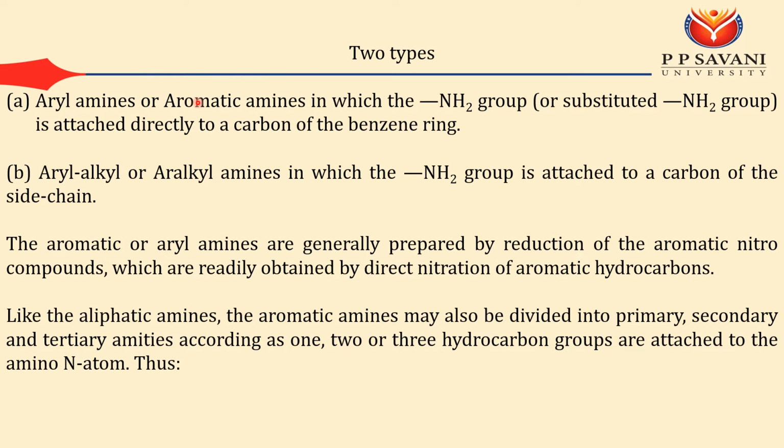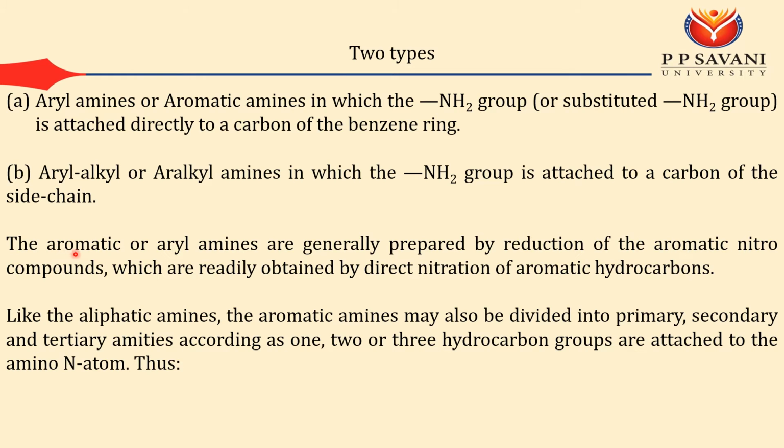Another one is aryl alkyl or aralkyl amines, where the NH2 group is attached to a carbon in the side chain. Here NH2 is not directly attached to the benzene ring, but is somewhere in a long chain, and in that particular long chain your NH2 group is present.